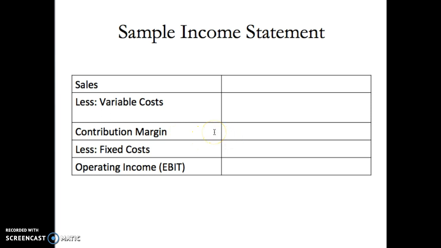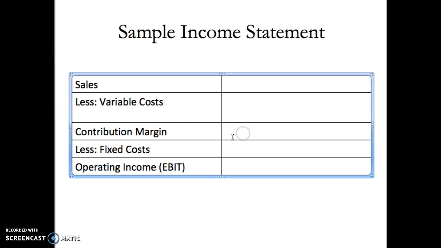By definition, contribution simply means that it's the difference between the sales of the company minus the variable costs that the company incurred. From here, we subtract fixed costs, giving us an operating income, or in other textbooks, this is called earnings before interest and taxes.